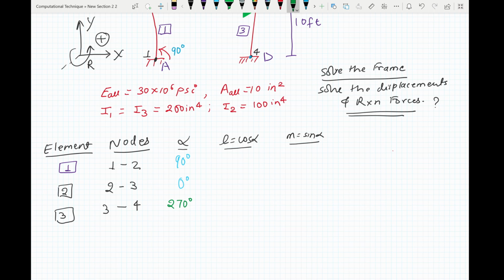Now your L will be 0, 1, 0, and M will be 1, 0, minus 1. So we obtain L and M values, or cos alpha and sin alpha values, for each of our elements. Now this will help us to find the transformation matrix.